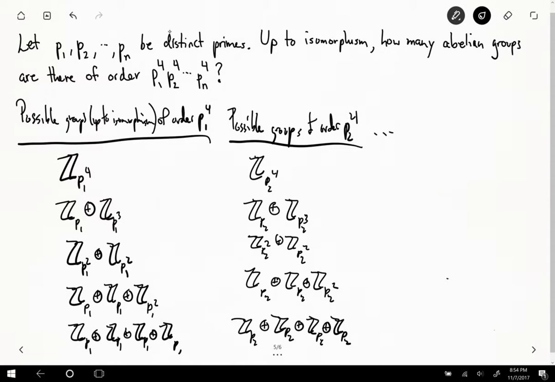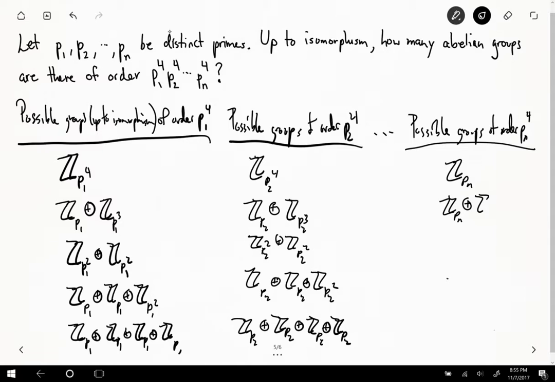And so we continue this process till we get to the possible groups of order pn to the fourth. Well, notice in this case it's basically the same song and dance, except we're using n as a subscript instead of 1 or 2.